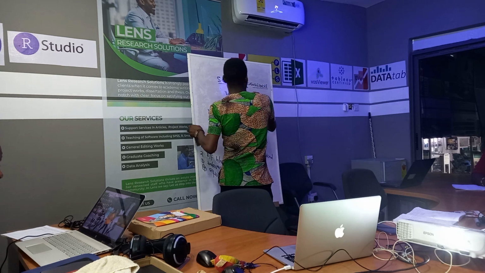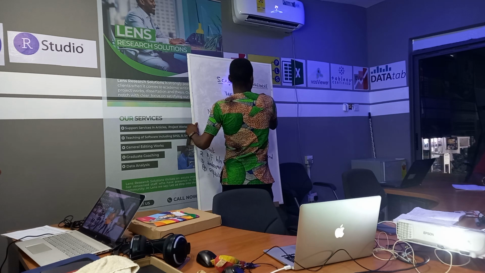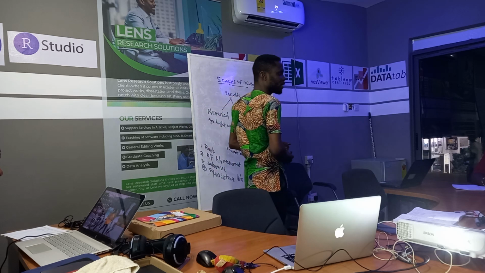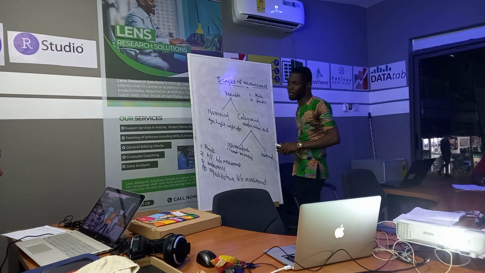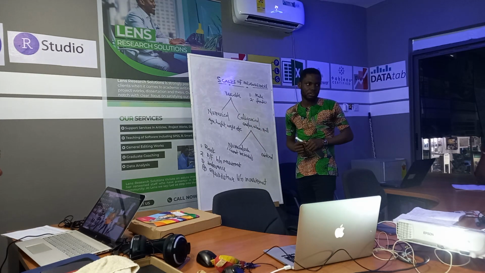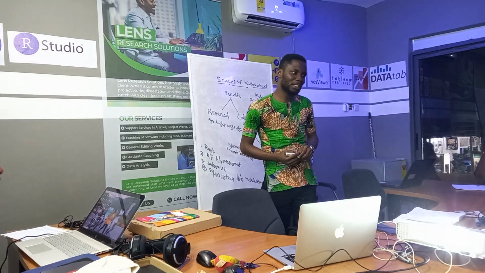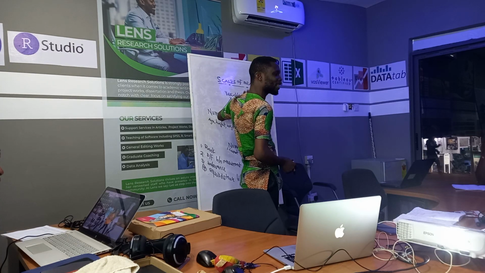For instance, if one means male and two means female, there is no value to these numbers and we are not ranking them. We are just assigning these numbers for the sake of measurement. It doesn't mean that you are higher than this one.